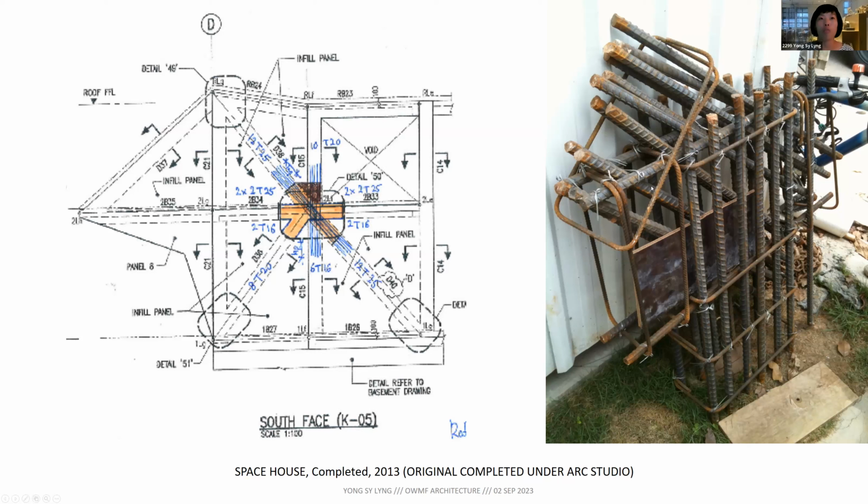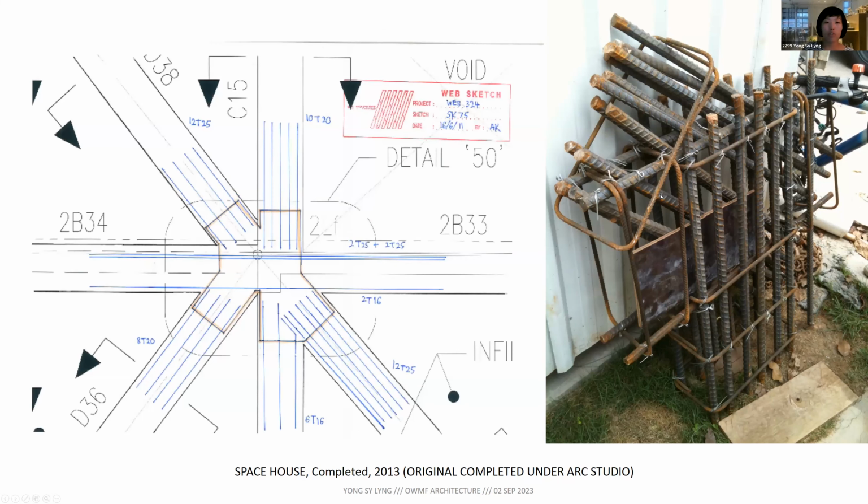So basically the concrete cannot be poured through it because the gaps are smaller than the aggregates in the concrete, right? The contractor took the most dense structural node and made this to test, and true enough, we cannot pour through, so we have to come up with a solution.